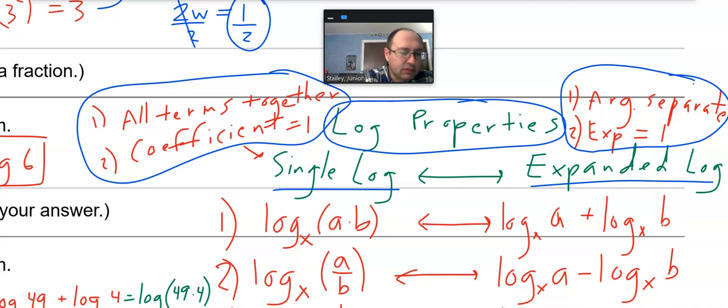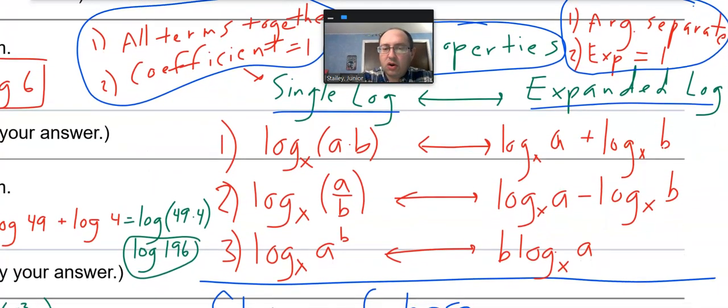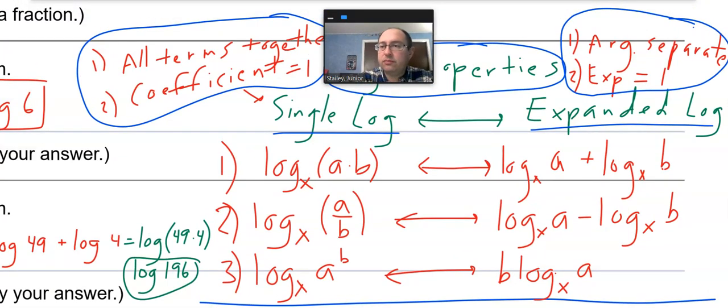Okay, let's scroll down here and look at our properties. On the left side we have single logs, and on the right side we have expanded logs. The properties go like this. You can take the log of a product and split it into a sum of 2 separate logarithms.